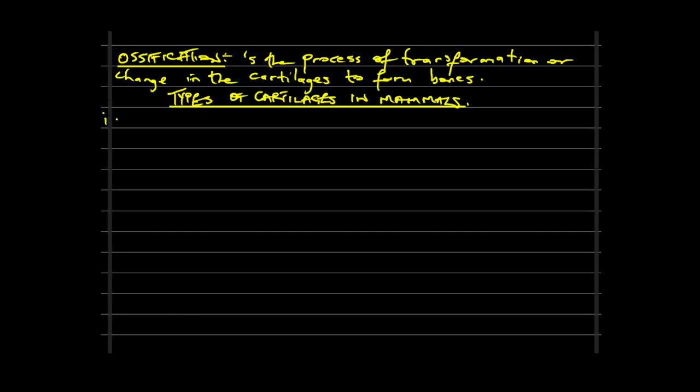We have the hyaline cartilage. We have the second one to be the fibrocartilage. And the third one is the elastic cartilage. So we quickly need to talk about each of these three cartilages, then understand them properly.